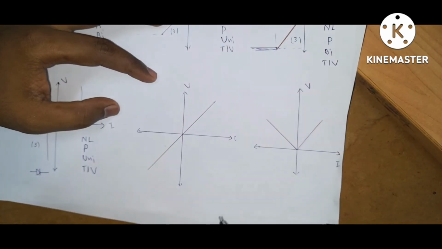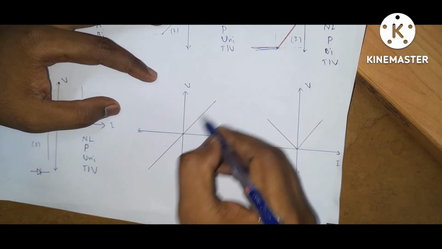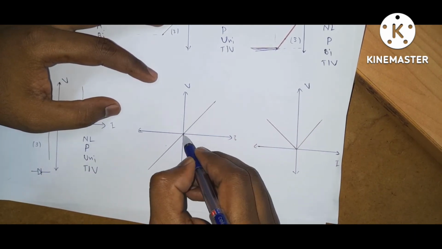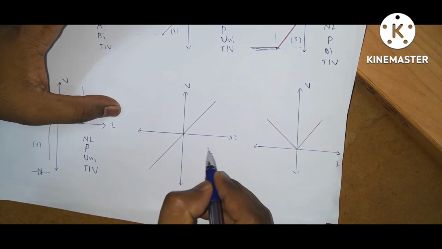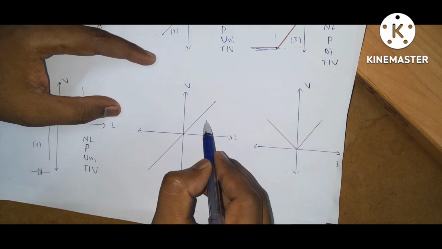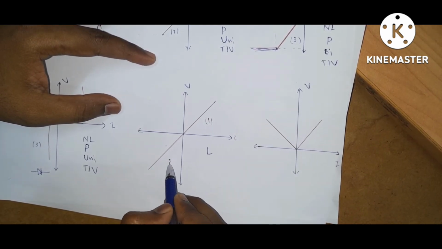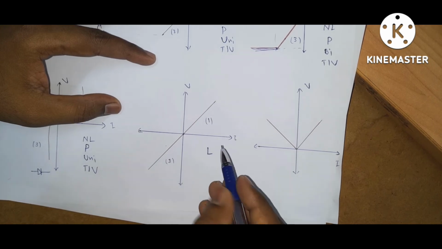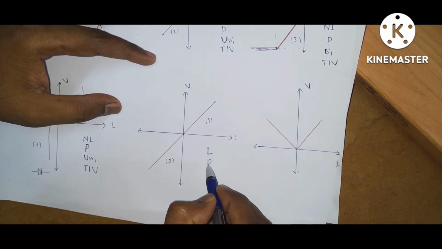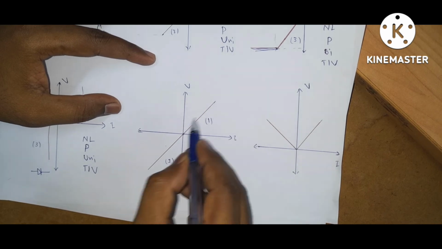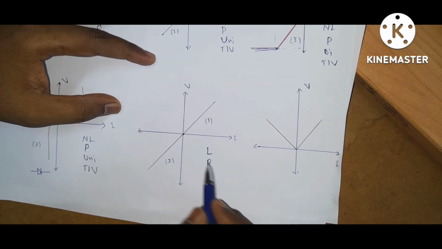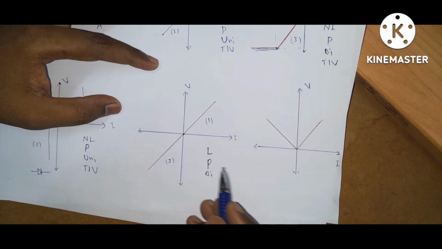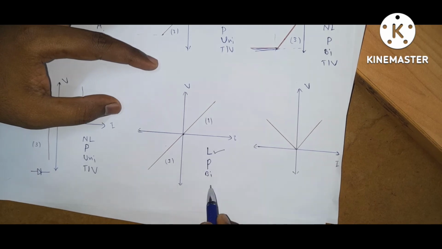Coming to this graph, this is a straight line passing through the origin and has a constant slope, so it is a linear element. The characteristics lie in the first and third coordinate, so it is a passive element. This is a bilateral element. You should remember one point here: all linear elements are bilateral elements, but the converse is not true.